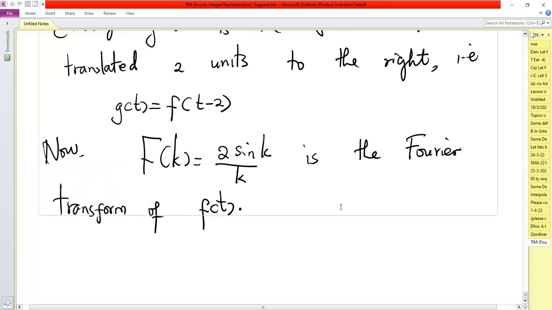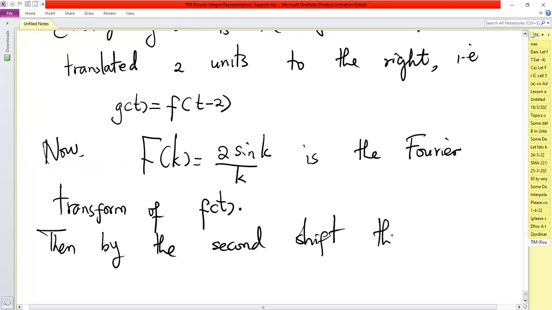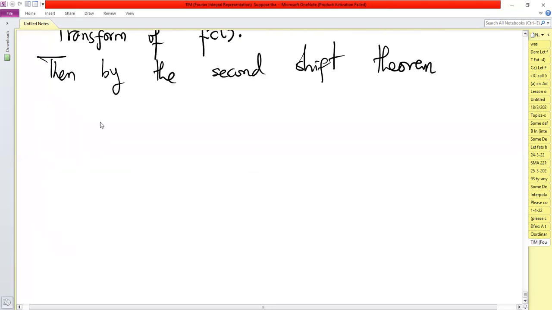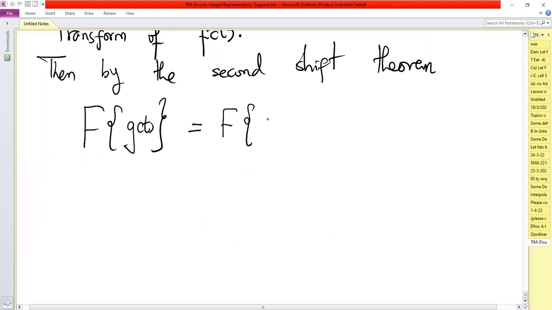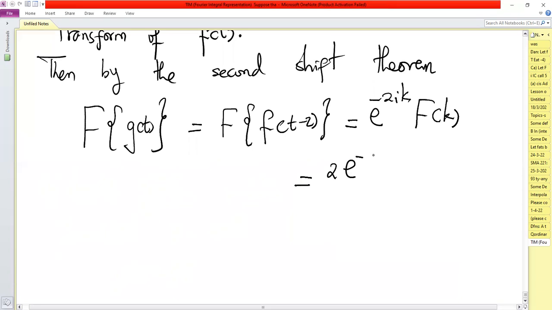So then by the second shift theorem, the Fourier transform of g of t will be given by the Fourier transform of f of t minus 2, which is the same as e raised power minus 2 i k times f hat of k, and this will give us 2 e raised power minus 2 i k sine of k, and then you divide by k. So this is what the transform gives.